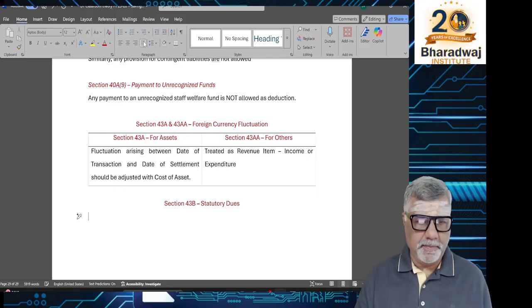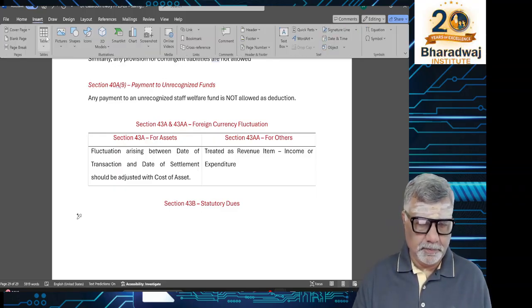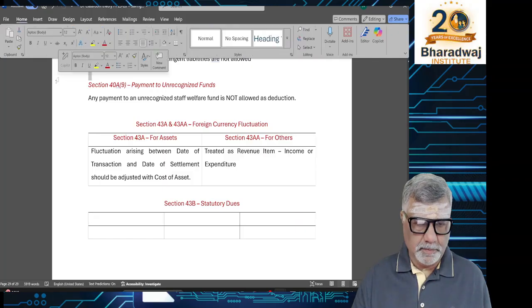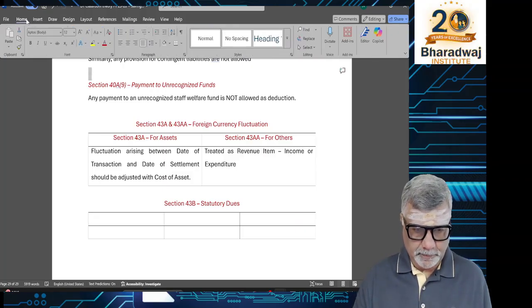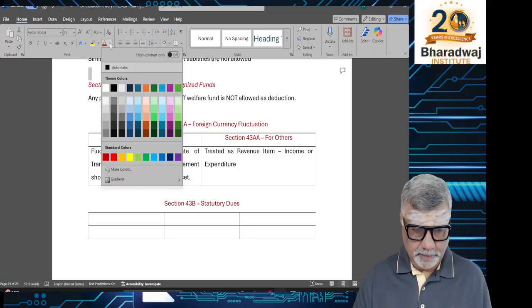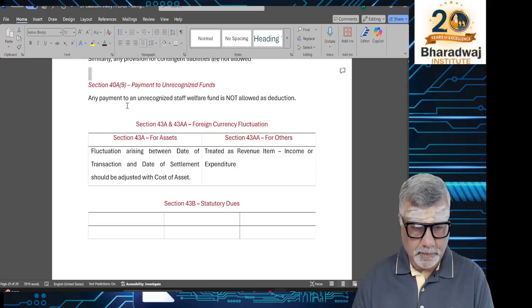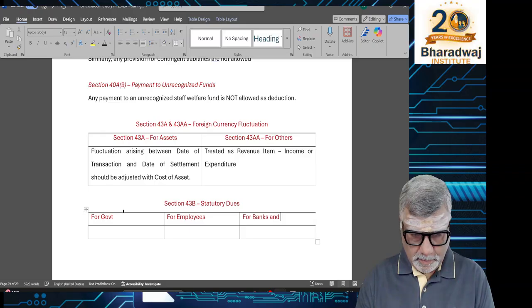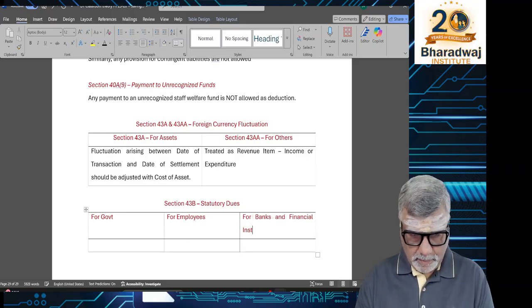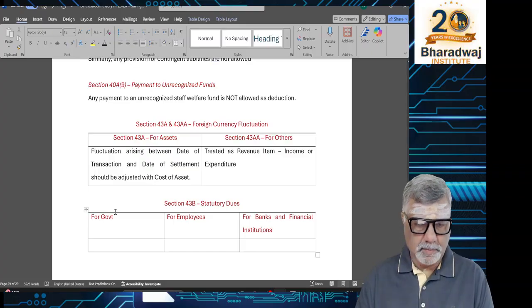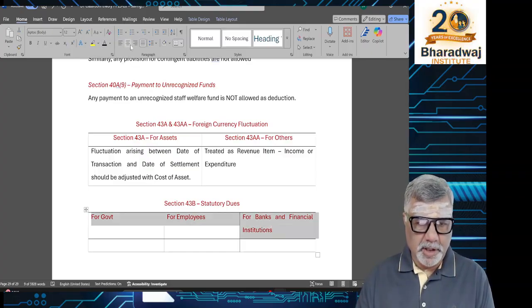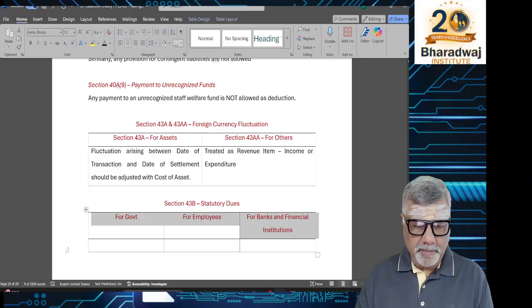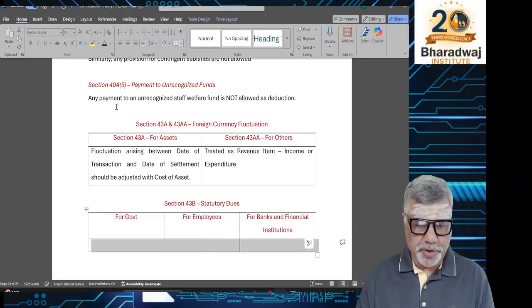Three branches: government, employees, banks and financial institutions.